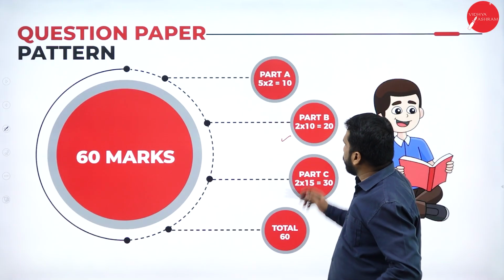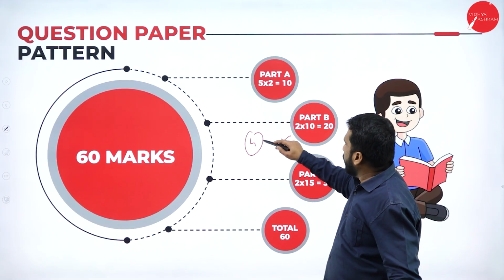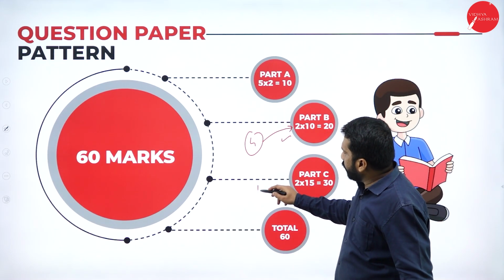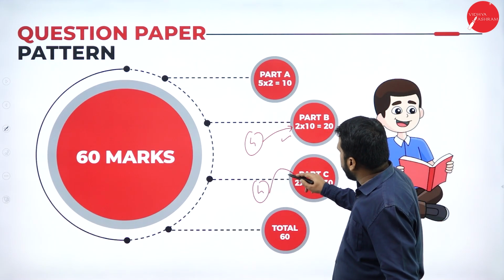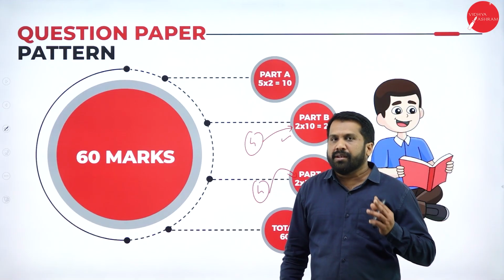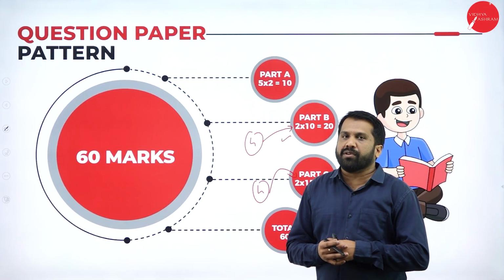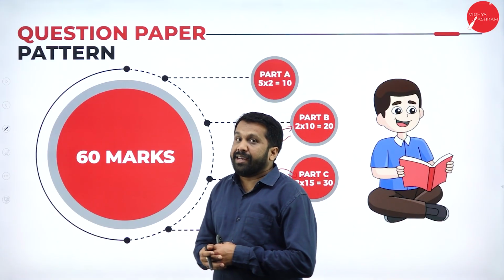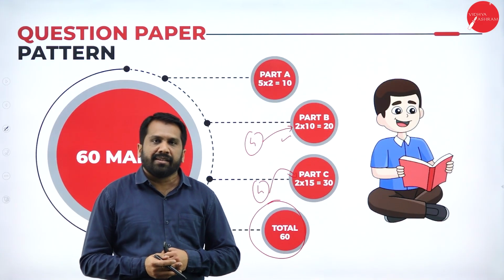In your examination, there will be 4 questions, out of which you are supposed to attend any 2. For 15 marks, there will be 4 questions, out of which you are supposed to attend any 2. Your overall weightage for the examination is 60, and the remaining 40 will be your internal assessment given by the college.